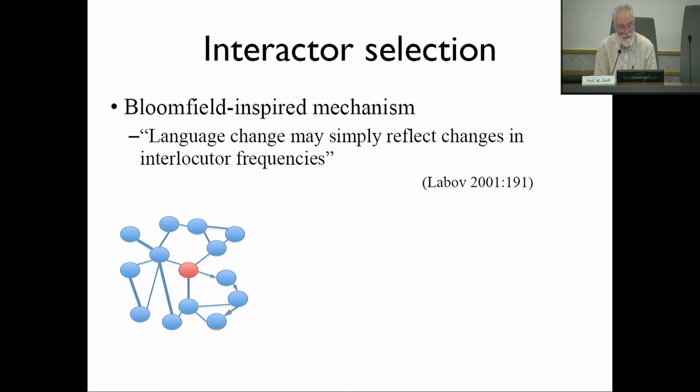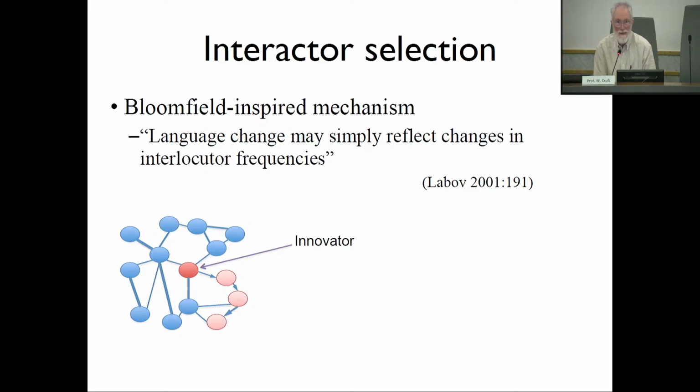In the Bloomfield-inspired mechanism, this is the network structure, that little graph showing basically who talks to whom. So you've got your innovator again, then it spreads again, but this time it spreads because the innovator talks to that other person, the first pink dot, who then talks to the next person, who then talks to the next person.